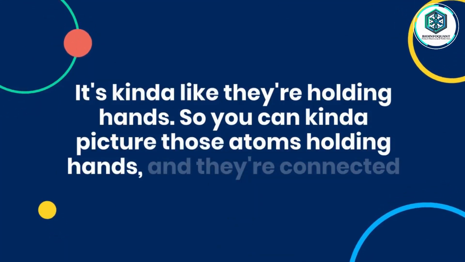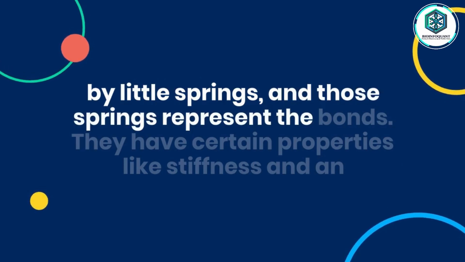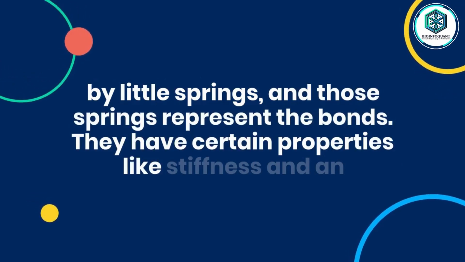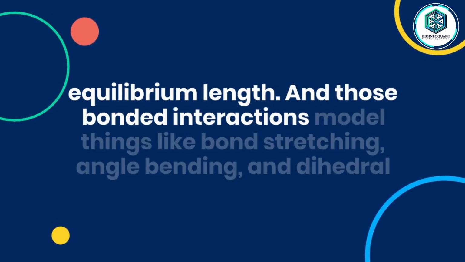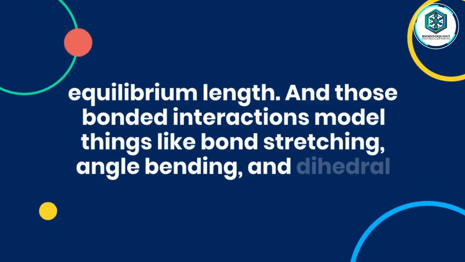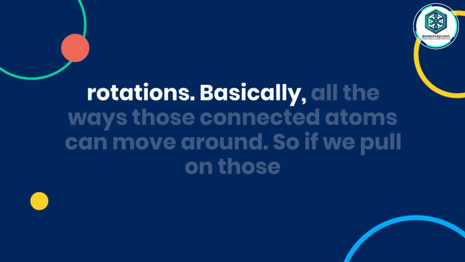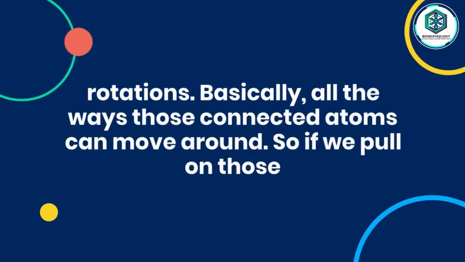Cute. So you can kind of picture those atoms holding hands, and they're connected by little springs. Right. And those springs represent the bonds. They have certain properties like stiffness and an equilibrium length. And those bonded interactions model things like bond stretching, angle bending, and dihedral rotations. Basically all the ways those connected atoms can move around.